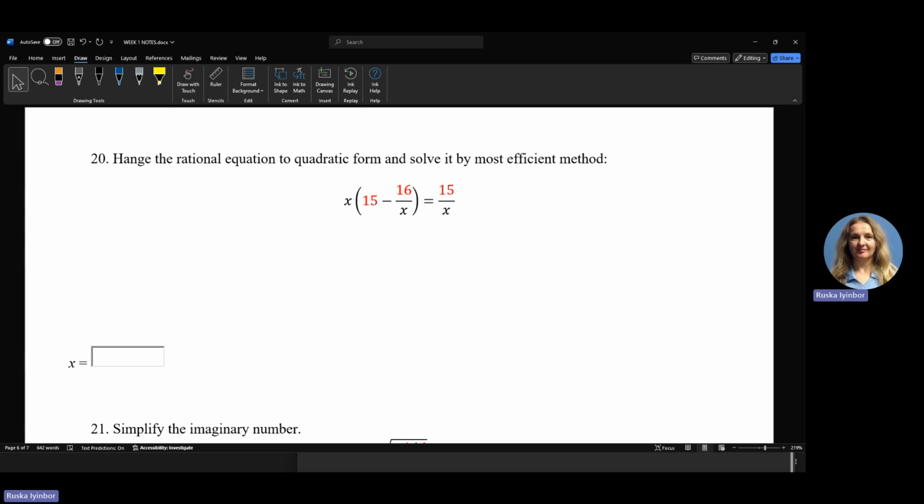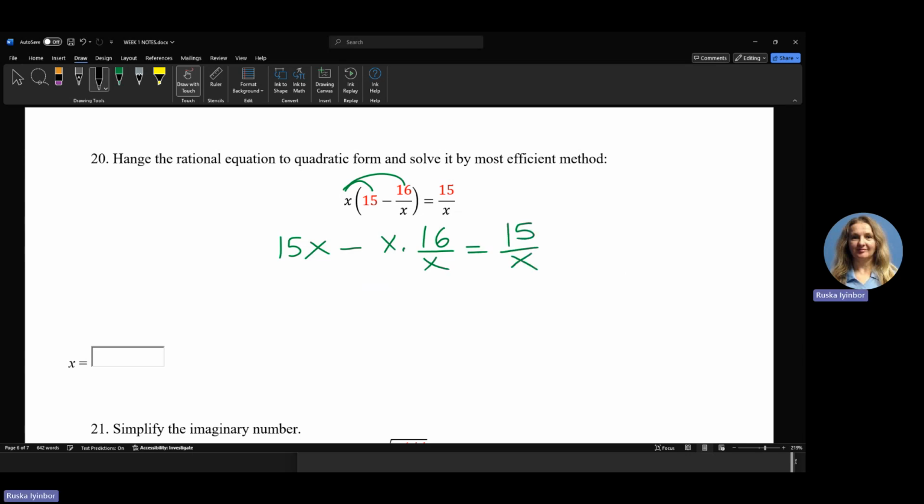Number 20, we have an equation which has parentheses and fractions. And what you need to do here is we can do the parentheses first because that's the order of operations. So we're going to multiply x times this, and that will give us 15x minus x times 16 over x equals 15 over x.